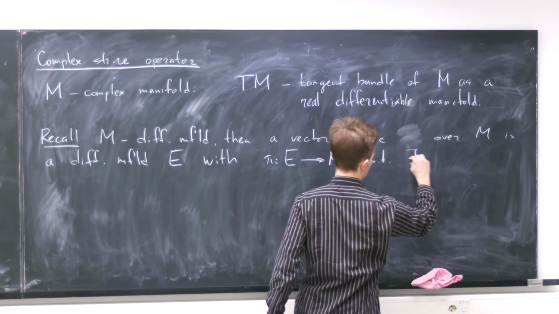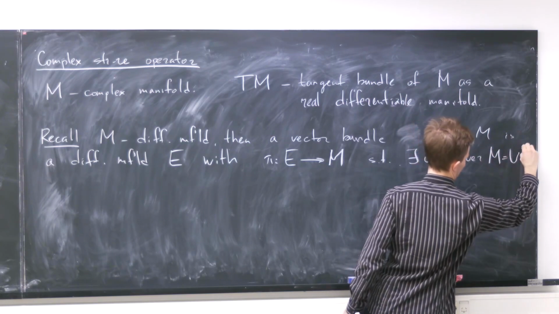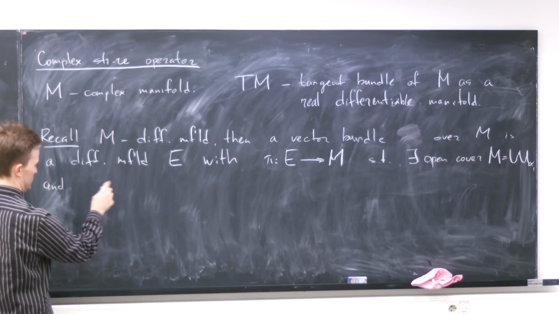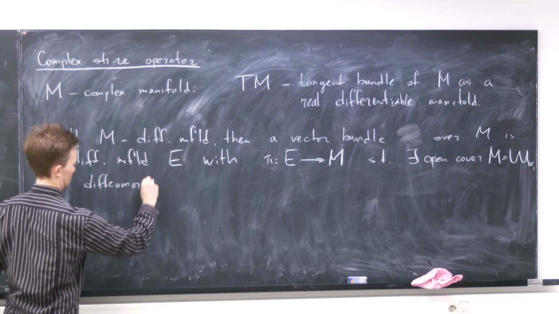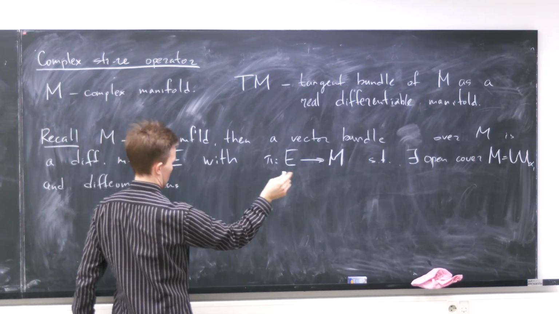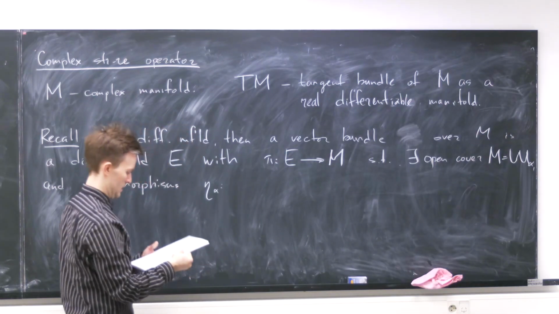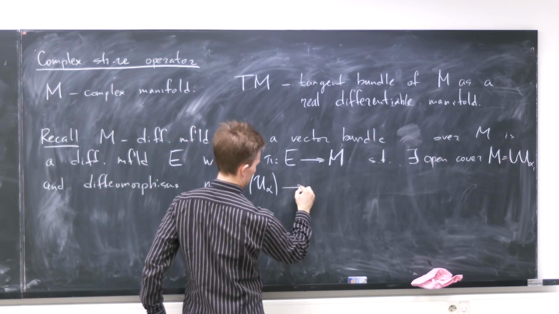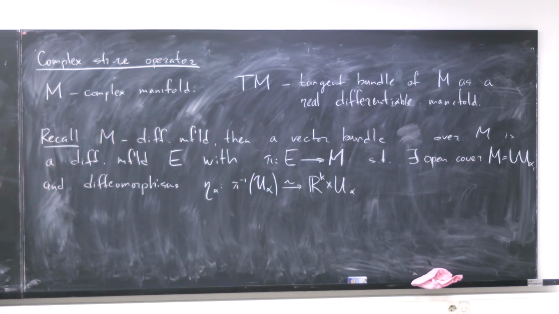such that there exists an open cover of M, and local trivializations of E over the elements of this cover, so diffeomorphisms, let's say eta alpha, from the pre-image of U alpha to R^k times U alpha, that satisfy some conditions.